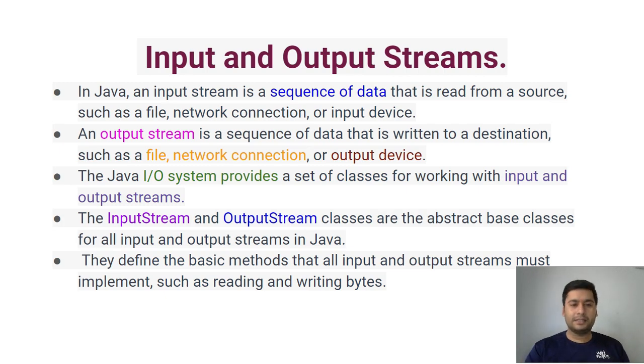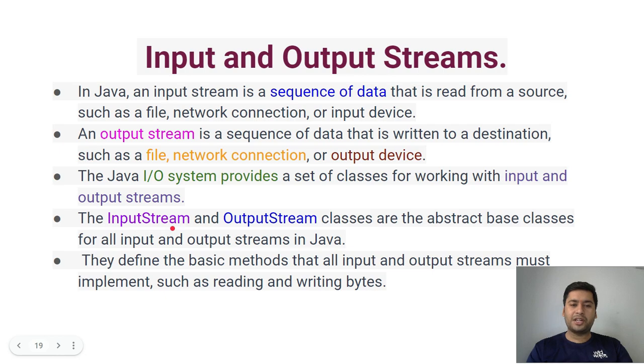For files, network connections, or output devices, the Java input output system provides a set of classes for working with input and output streams. There are many classes we can use to perform these operations.